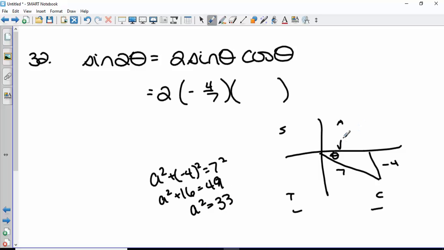So we get radical 33. So then cosine, adjacent over hypotenuse, is radical 33 over 7. So if we multiply 2 times negative 4 times radical 33, so negative 8 radical 33 over 49.